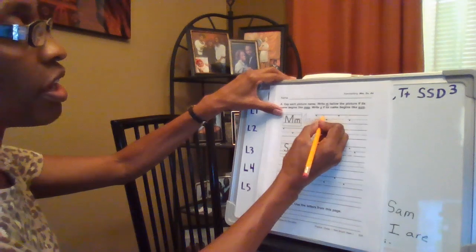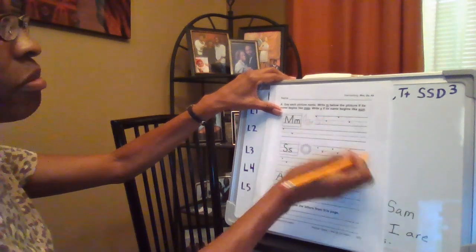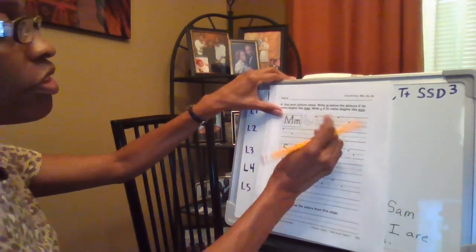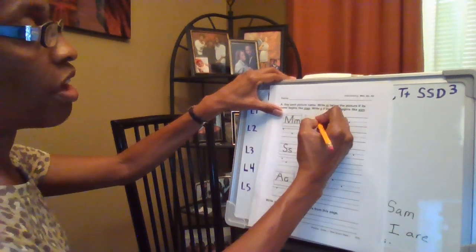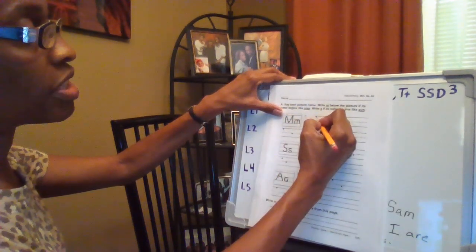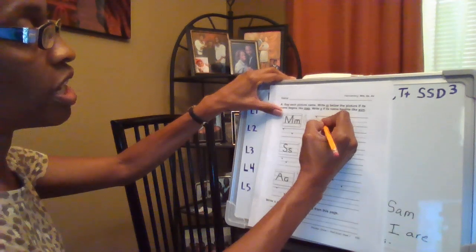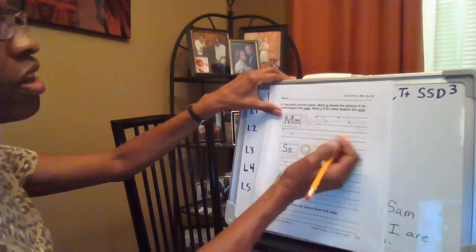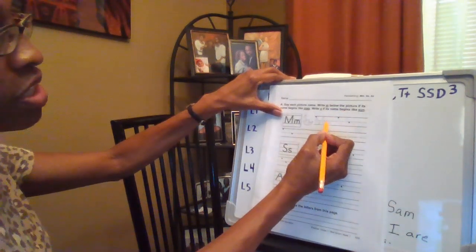Okay. Here we're going to follow. They went down, slant, down, slant up, slant down. Then lowercase m starts at the dotted line.